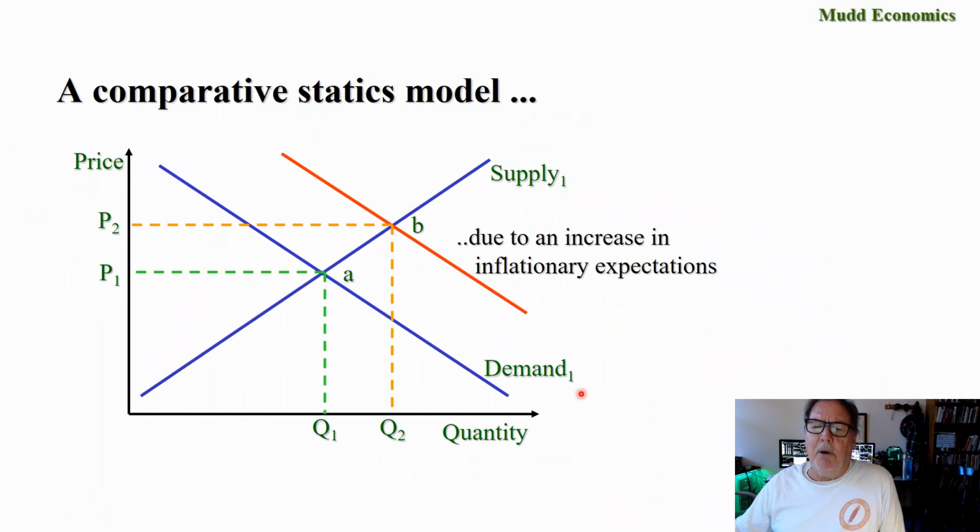You assume that a model is in equilibrium at the start, and that's represented here by point A, where you have an established supply curve and an established demand curve, and you say there is a market clearing price that's represented as price 1 associated with level of output Q1. So then you ask yourself the question, what happens if there is a surge in inflationary expectations in the economy?